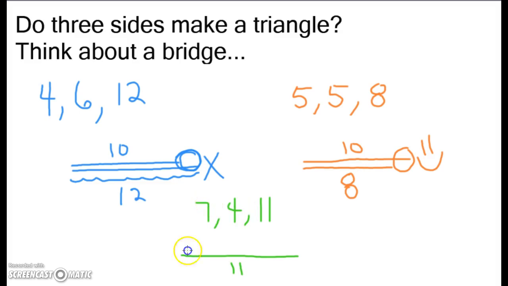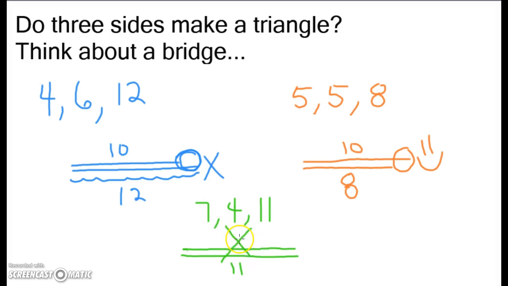Well, it's exactly 11. If your bridge is exactly as long as the water you're trying to cross, what's going to happen? That bridge is probably going to float away. That bridge is going to be sitting on the water and it's going to be floating. I don't want to drive across that bridge. You probably don't want to drive across that bridge. So this would not make a triangle.